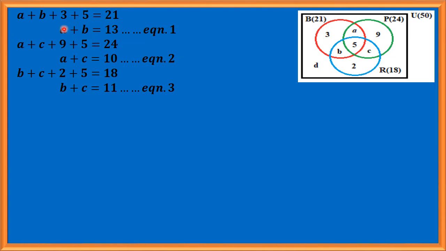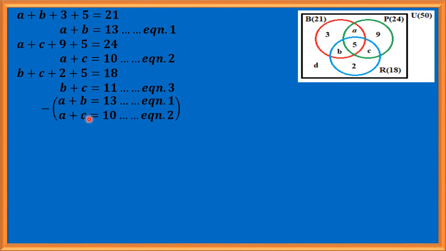You see that A in equation 1 and A in equation 2 have the same coefficients. So because they have the same coefficients, if we want to eliminate A, we can easily subtract them. So let's say that we are subtracting equation 2 from equation 1.